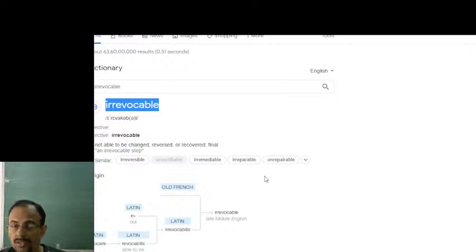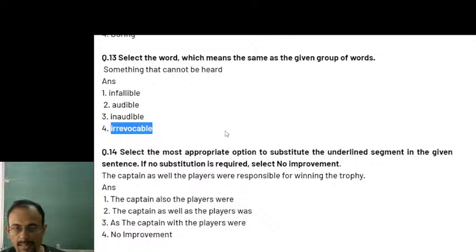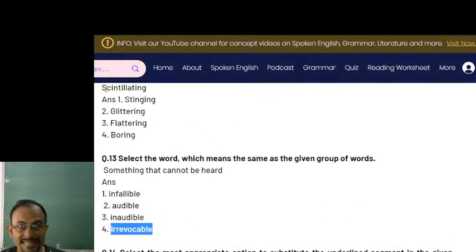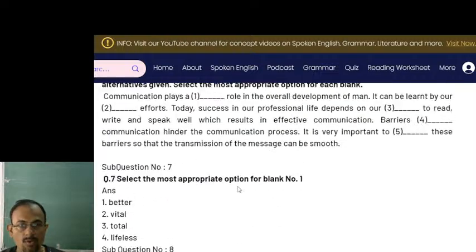That is what is called irrevocable: something that we cannot revoke, change or reverse, something that is final. So, dear students, you have learned infallible, irrevocable, scintillating, and some more words today.